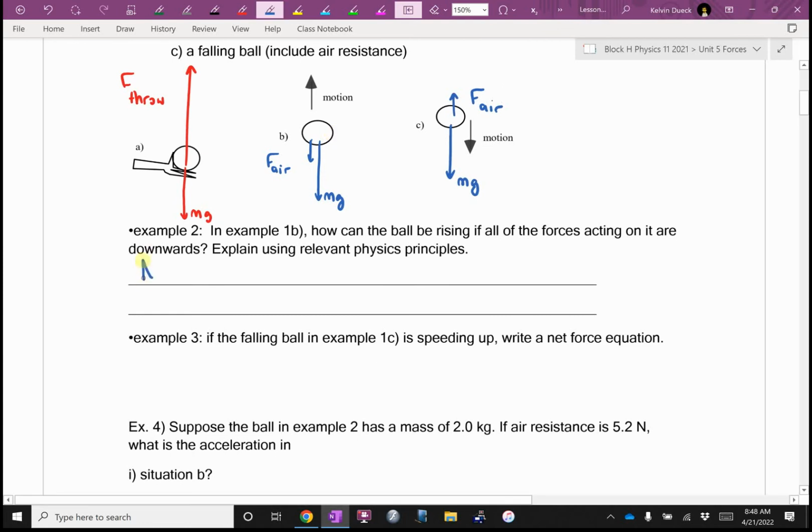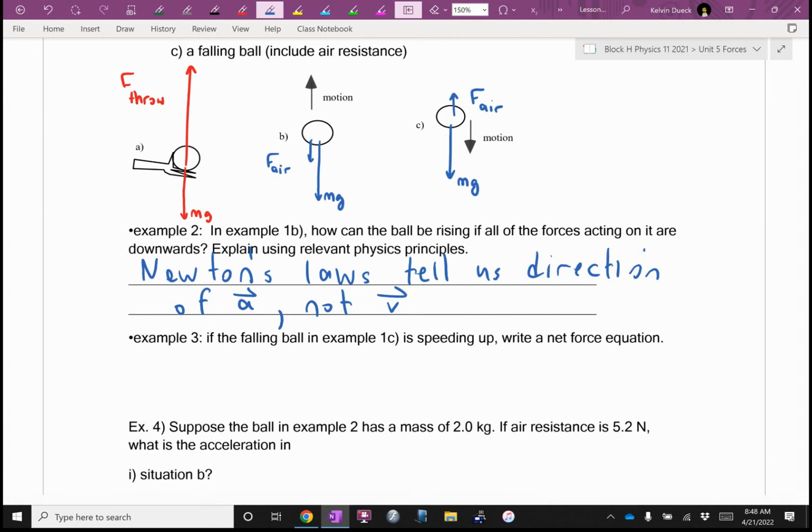So Newton's laws tell us direction of A, not V. If you want to, you can write the word acceleration and not velocity, but hopefully by now you know I tend to abbreviate. So we're okay with that. It's not contradicting the laws of physics.